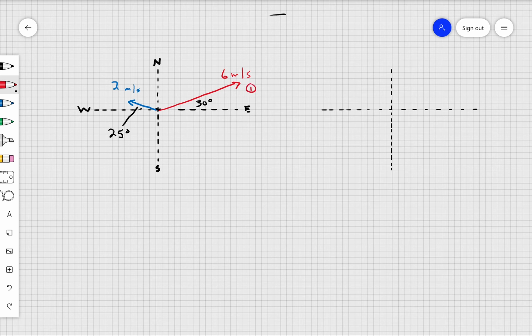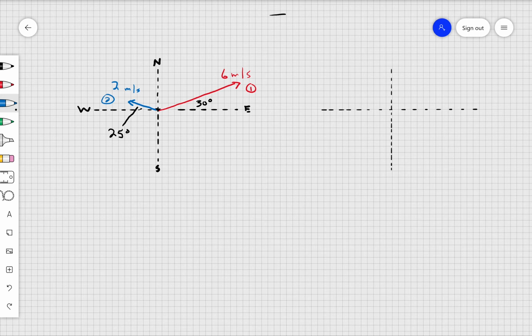And the current is pushing it 2 meters per second in a direction that is 25 degrees to the north of west. So we'll call this one vector 2 over here on the left, vector 1 on the right. And we have their magnitude and direction.